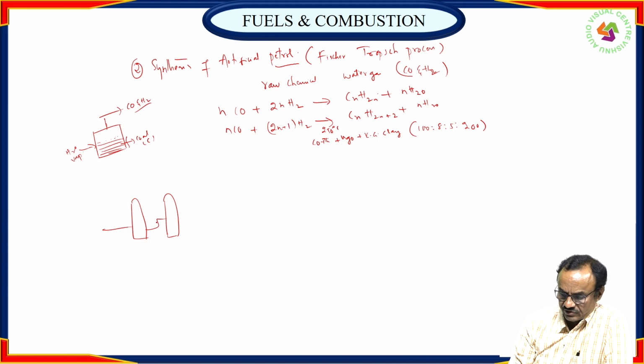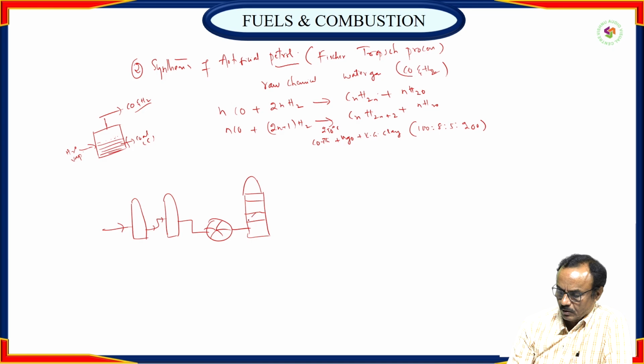These are purifiers. Next, pass it into compressor. Remove impurities. After that, pass into compressor. Then pass this gas to catalytic chamber. In the catalytic chamber, these are the catalysts that we use.